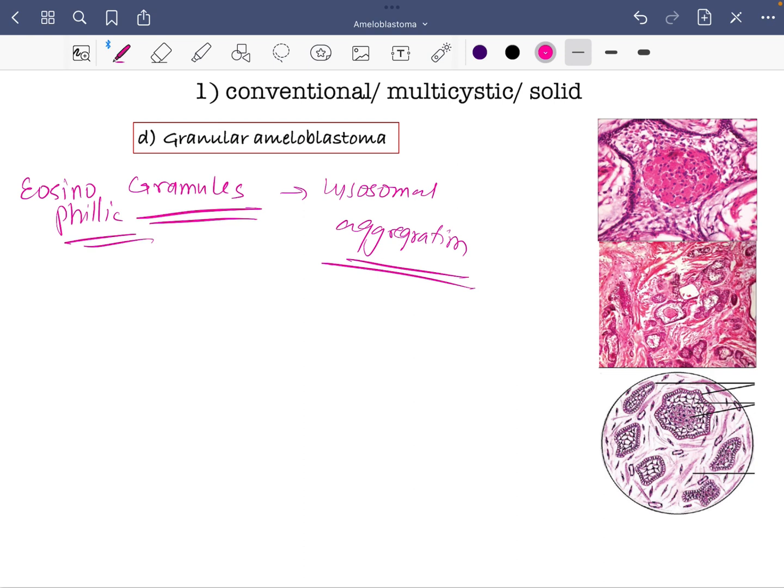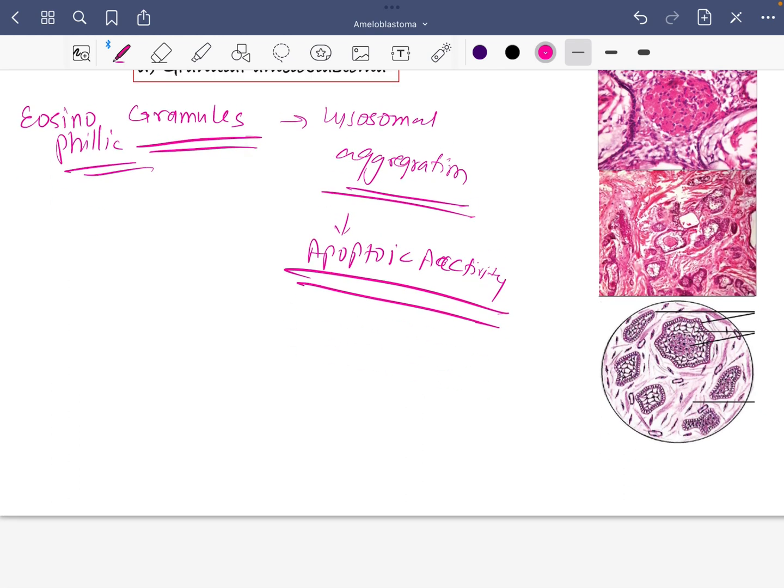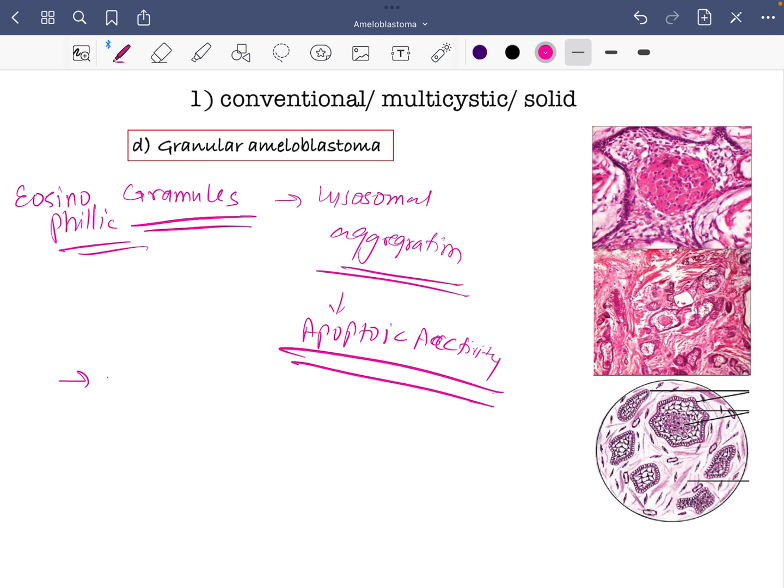And what happens? These increase your apoptotic activity, right? So that's why this lesion is also a very aggressive lesion. Ameloblastoma is aggressive, but this is aggressive within the tumors, within the rest of the ameloblastoma, and there is a very good chance of recurrence.